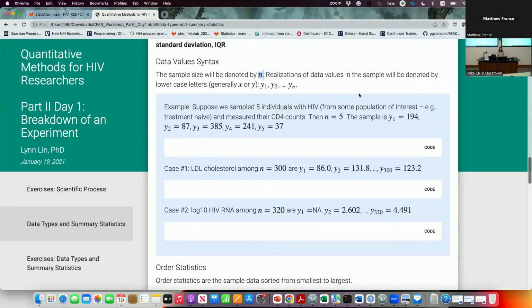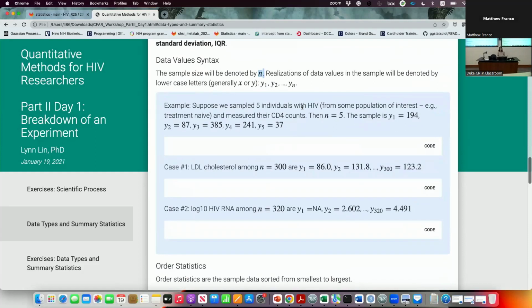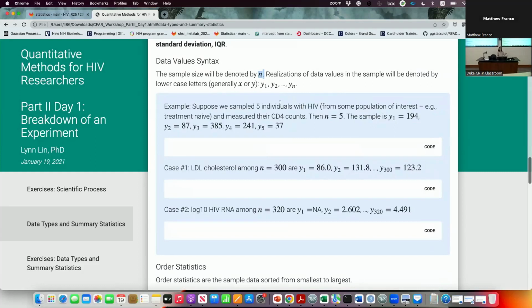And the realization of the data values in a sample will typically be denoted by lowercase letters, for example, y1, y2 to yn, right? You have to specify what this y indicates, right? So suppose I say I am going to use y to indicate the age. Whenever you see y1, that means the age for the first sampling unit among your 1,000 people.